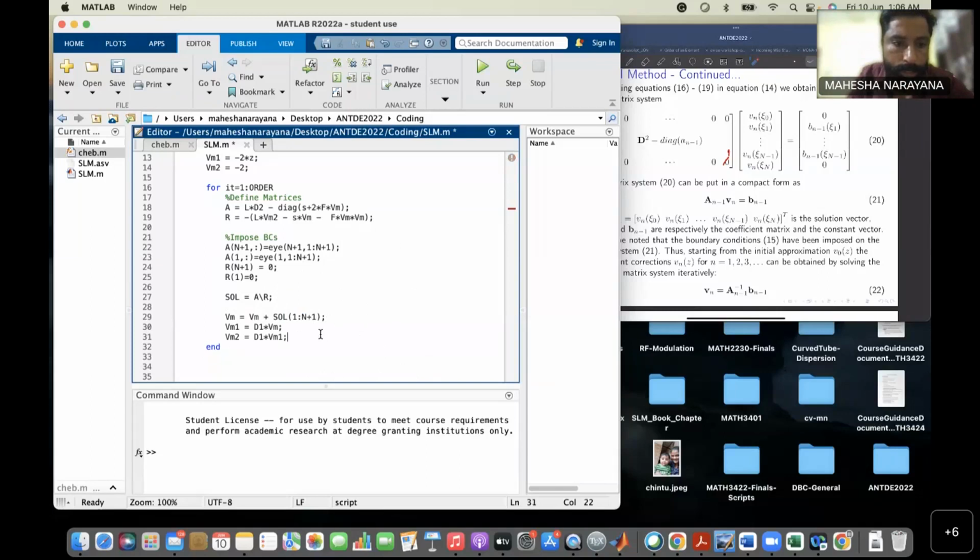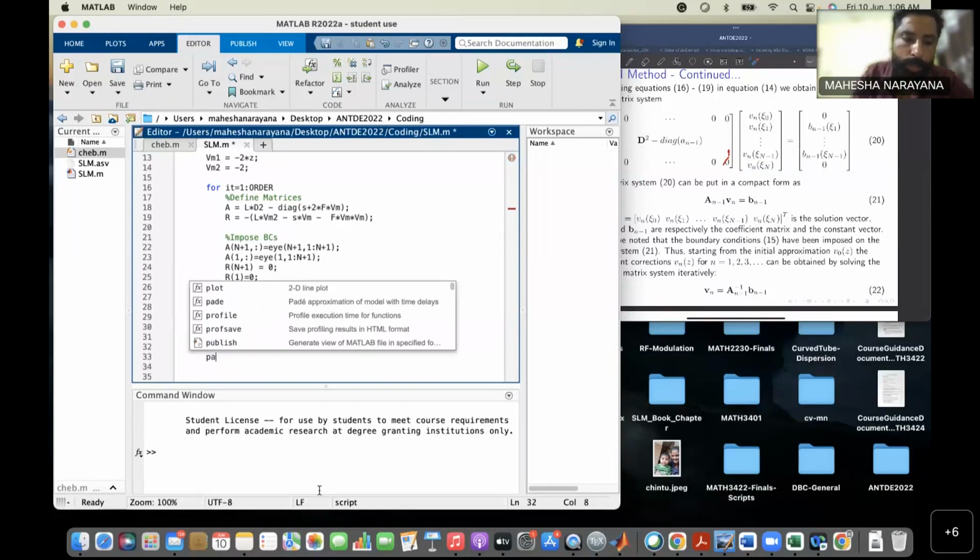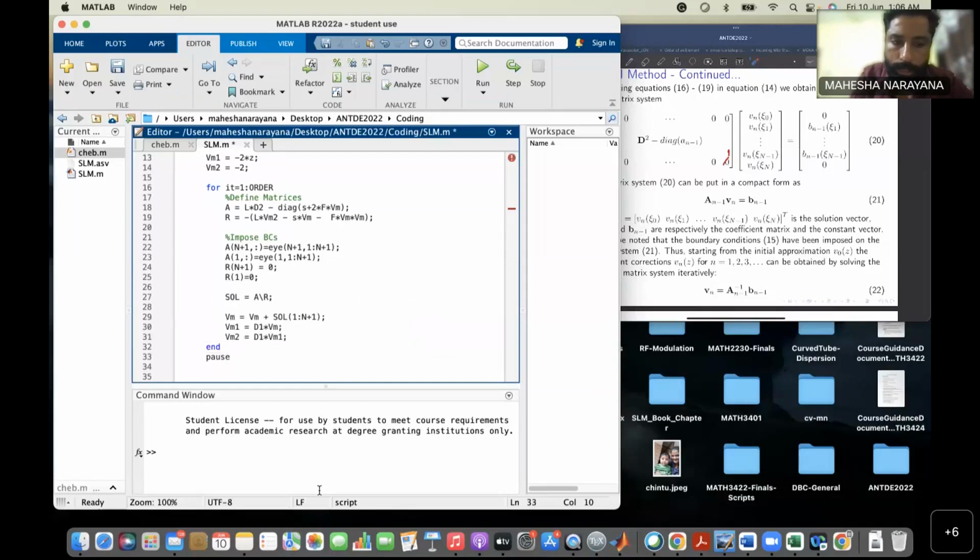I'll use the pause command. So it will ask for a key in. That means it will wait for us for a while. So plot x, yeah, plot z comma Vm.